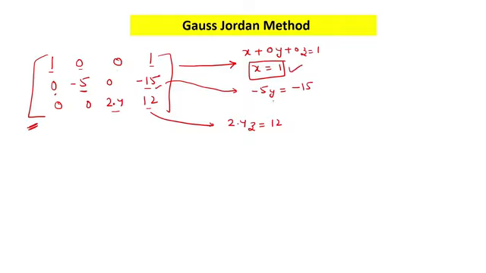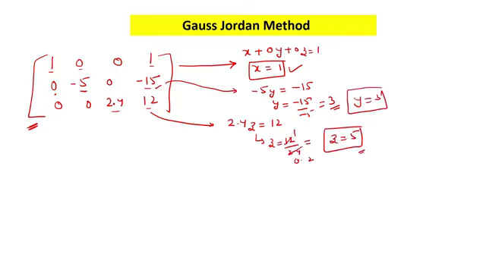From this equation we can find the value of y, that is 3, and from here we find z, which will be 5. So I got x equal to 1, y equal to 3 and z equal to 5 as the solution of this simultaneous linear equation. In the Gauss elimination method we applied back substitution to find x, y, z, but this method is simpler than the Gauss elimination method.